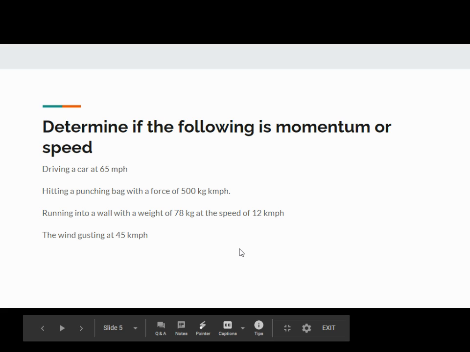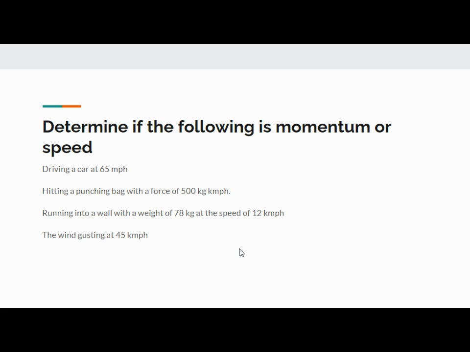Now, determine whether the following is momentum or speed. A car is driving 65 miles per hour. That's just calculating speed. It doesn't give us a mass, so we don't know for sure. Hitting a punching bag with a mass of 500 kilograms at some kilometers per hour.